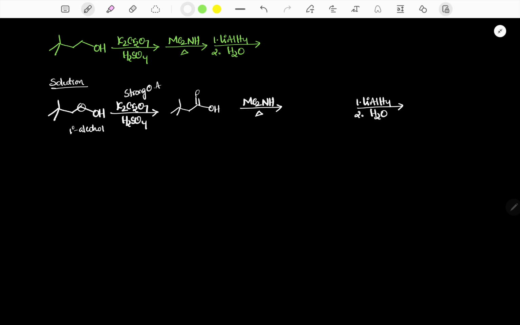When the carboxylic acid is treated with a secondary amine, initially an acid-base reaction takes place and forms the corresponding salt.